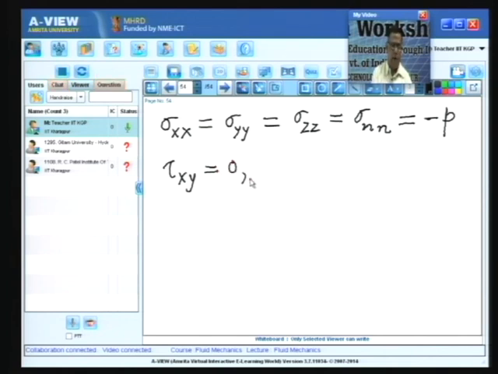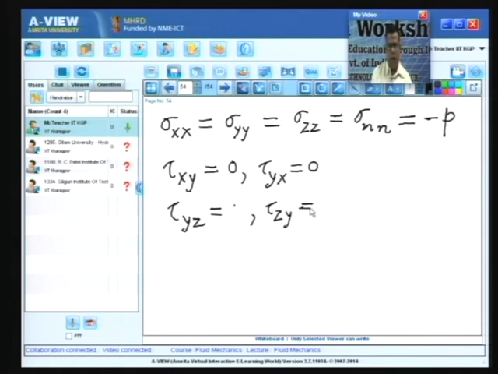Similarly, you are going to have tau y x also equal to 0, tau y z equal to 0 and tau z y equal to 0, tau z x equal to 0, tau x z equal to 0.